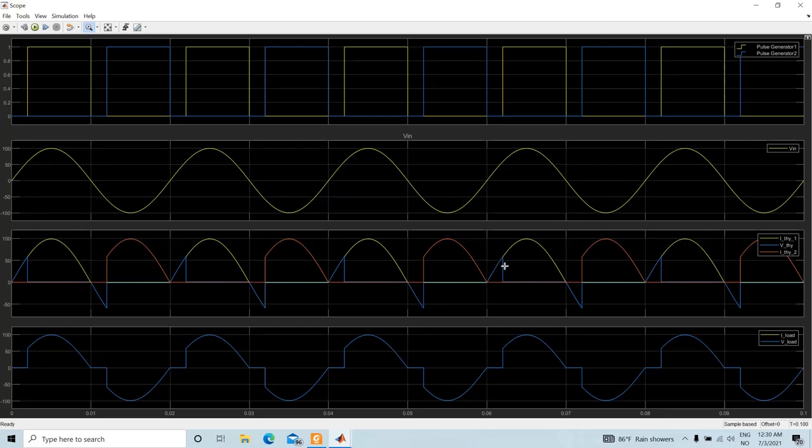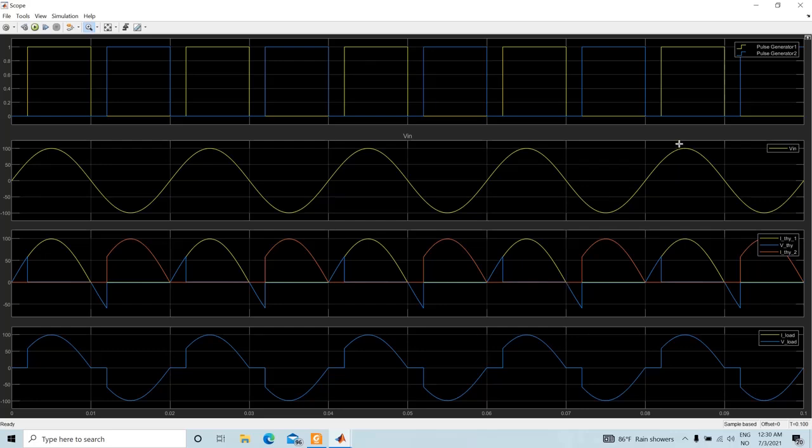And at that time, as there is no current flowing from 0 to alpha through the thyristor, the output voltage is going to be 0. And once from alpha, the output voltage will be exactly the source voltage, and it will continue until the current continues to flow. In this particular case, as this is a resistive load, the current will continue to flow until 180 degree.